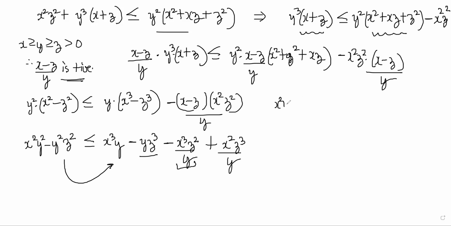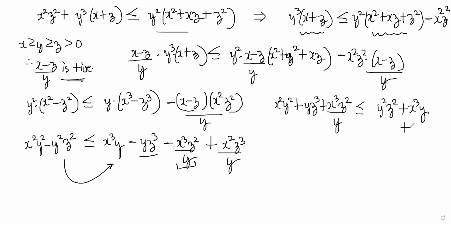So I'll write it like x square y square plus y z cube plus x cube z square by y is less than or equal to, we have y square z square plus x cube y plus x square z cube by y, right? This is what we have gotten so far.